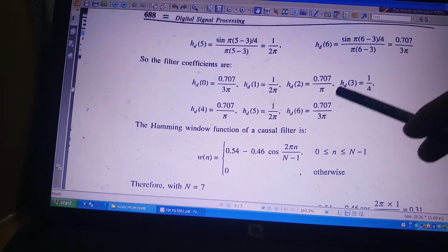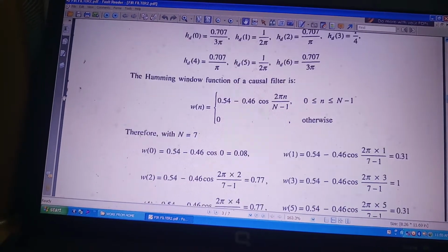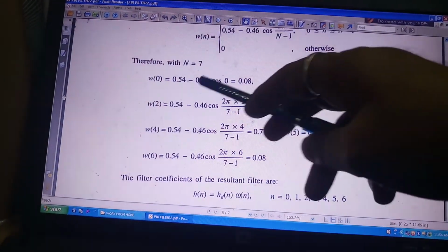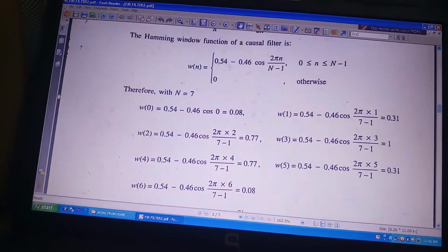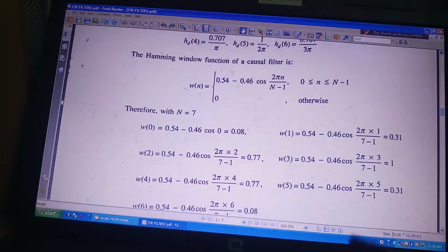So I have used this formula as the window coefficient. Similarly, I have calculated the window coefficients just by using this formula. For n equal to 0 it is 0. I have got the results.